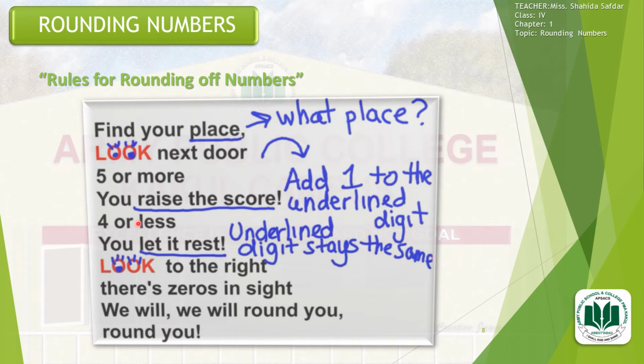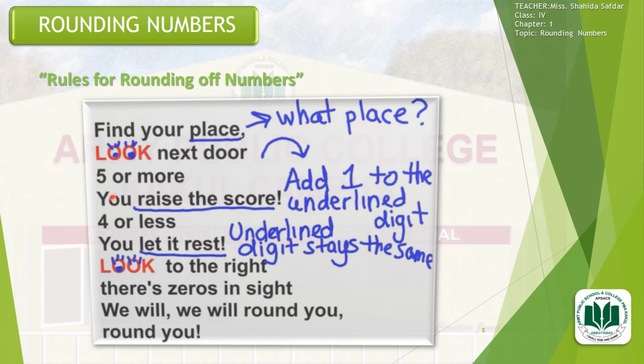My dear students, here we will understand the meaning of the poem. The first is find your place. This means that when we have made the decision of rounding off, which place do we have to underline? Then look next door, 5 or more. We have to look at the digit that is next to our place.